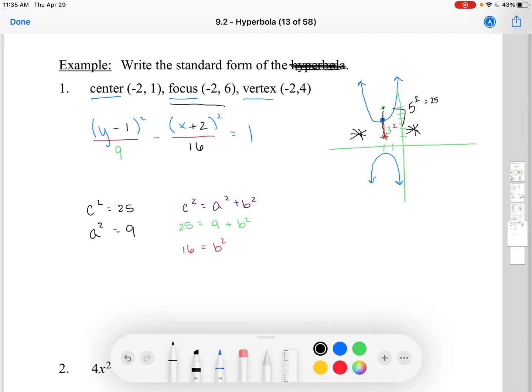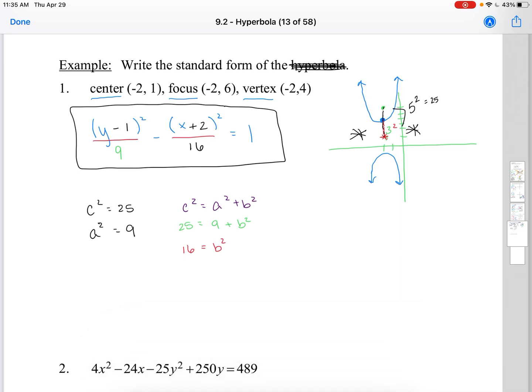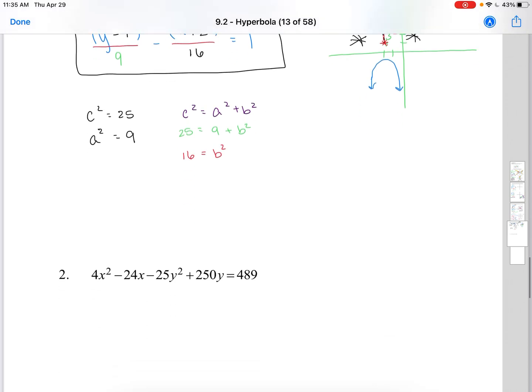And that 16 is what I was looking for to find my function. Remember, we needed b squared, not b, so there was no need to do the square root. So again, keep that in mind on your test. This hyperbola statement may not be there. So use the hints. When in doubt, graph it out to get an idea of what we are actually working with.